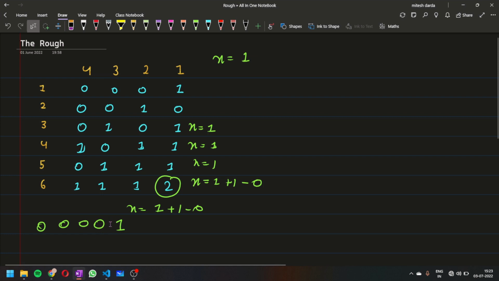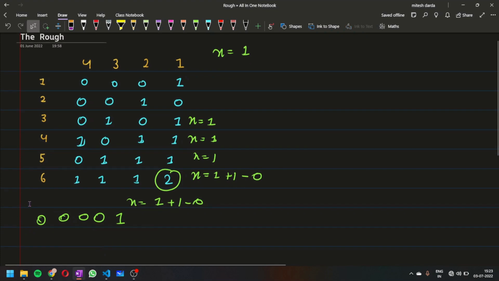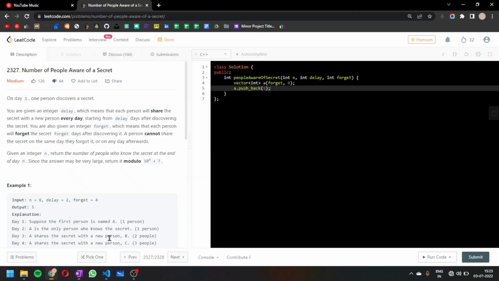And there are some elements ahead of day 1 as well, just so that we can perform this operation, adding and subtracting persons from the second day and subtracting the person from the fourth day, without those elements going out of the array range. That's why we are initially keeping these 4 elements 0.